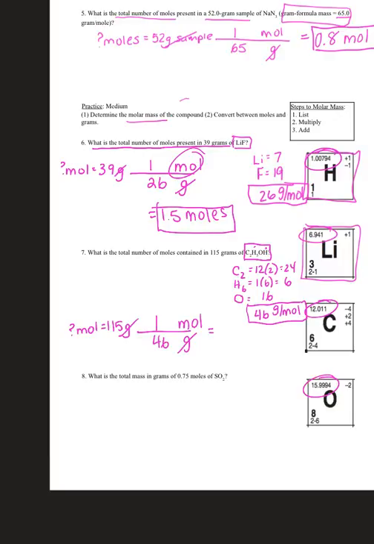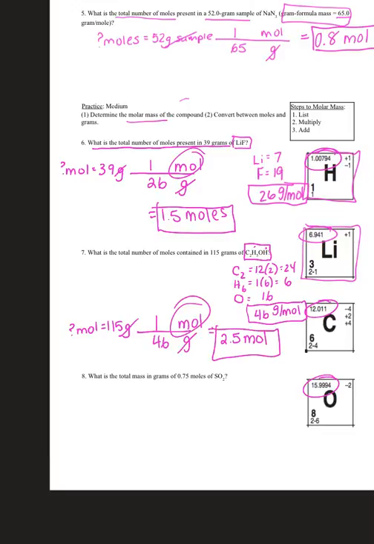And we're going to calculate. Everything on top, multiply. Everything on the bottom, divide. 115 times 1 is 115. 115 divided by 46 gives me 2.5. And we have to put our unit, which is mole.